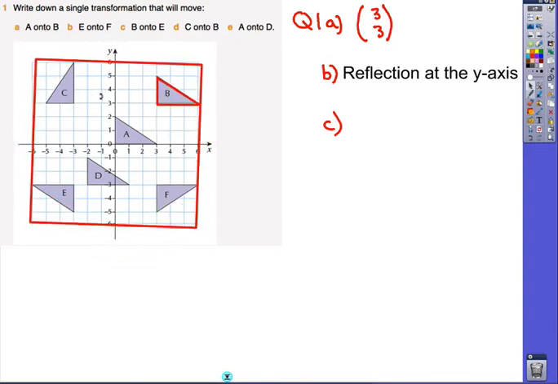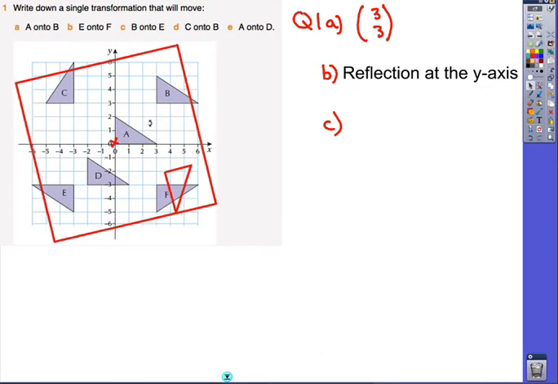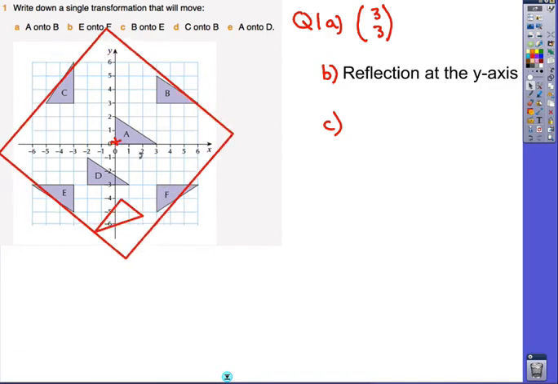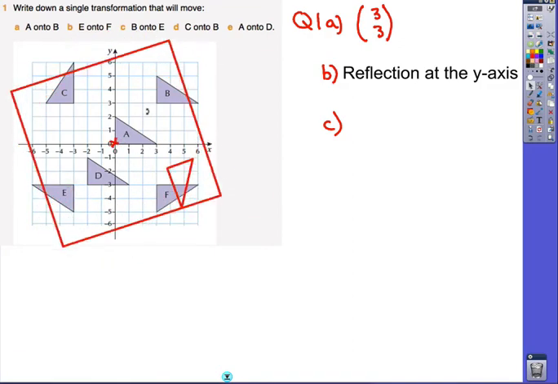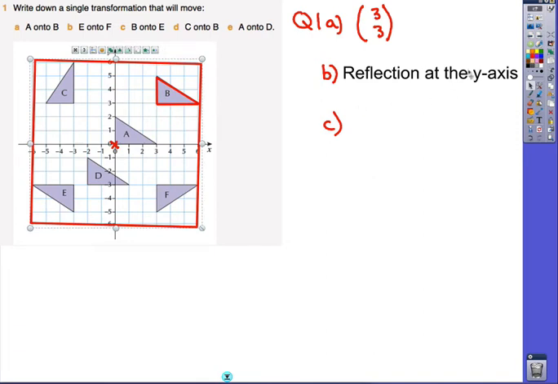And where it's been rotated, well, if we put a little cross at the origin, you can see that the cross on the origin doesn't move. So it's been rotated at the origin.